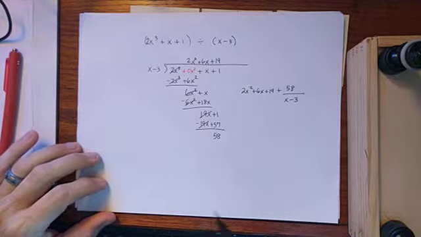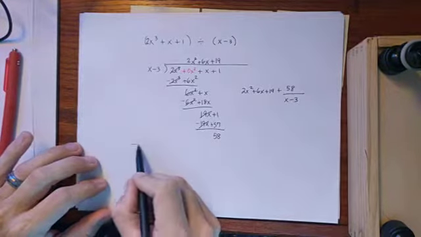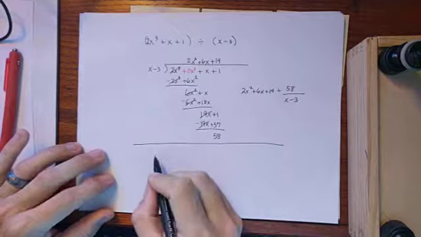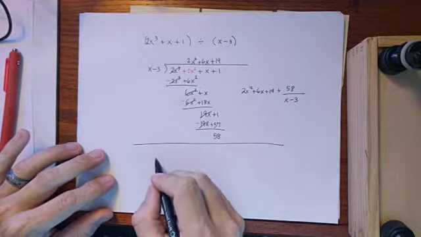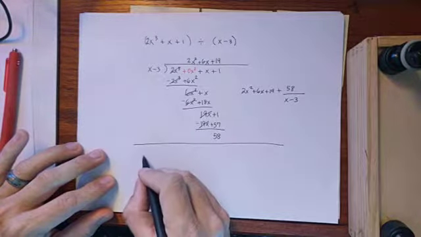So one thing you can do, and I'm not going to work all this out, but you'll have to trust me and do this on your own, is take your divisor and multiply by the quotient.